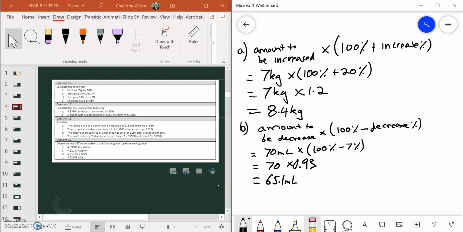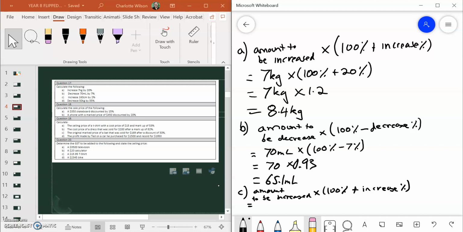The next one is an increase. So again, we use the same formula as our first one here. So for C, we would have amount to be increased times 100% plus your increase percent.